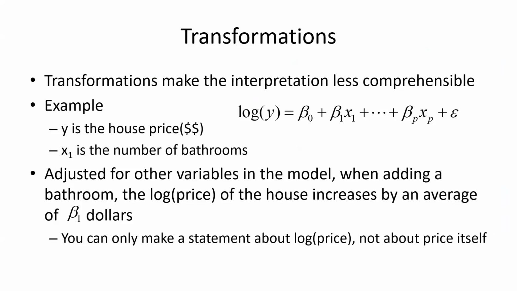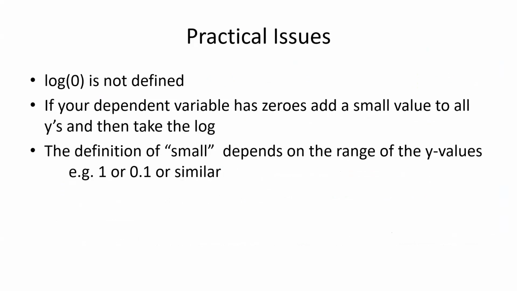All right. Do I have another slide? I think I do. Yes, some practical issues. As we all know, log 0 is not defined. But some of your data points may be 0. And so if your dependent variable has zeros, then you need to add a small value to all y's and then take the log.